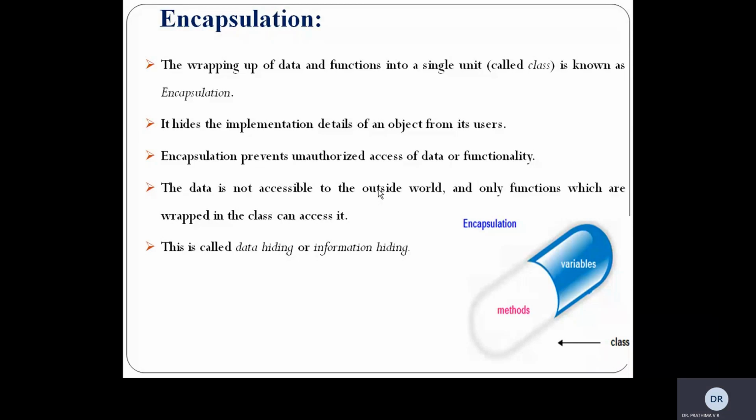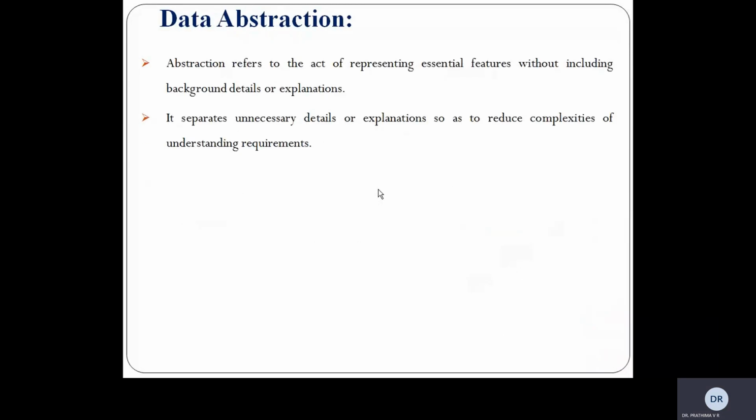Moving further, we have one more striking characteristic feature, which we call data abstraction. The word abstraction refers to the act of representing all the essential features without including any background details or explanations.